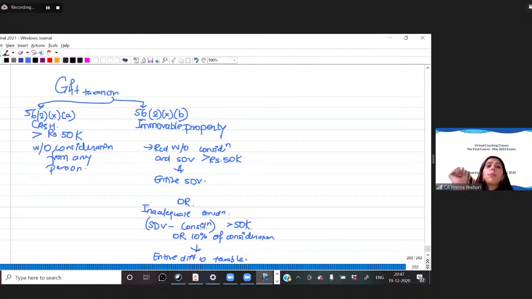So if immovable property being land or building is received without consideration, and the stamp duty value exceeds 50,000, then entire stamp duty value is taxable under 56(2)(x)(b).